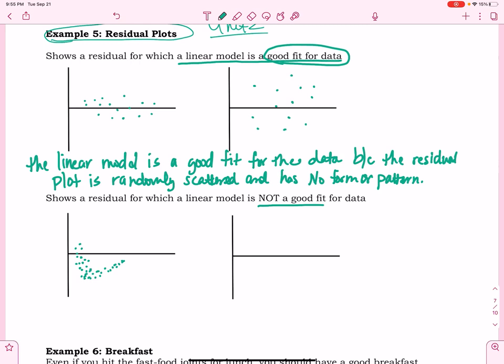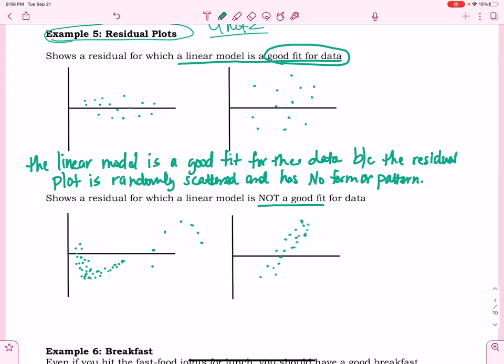And it can be very obviously a curve like that, or it could just be something like this. Okay, anything that shows me a pattern of any kind is not going to work. Okay, so neither of these are good examples. This is also not a good example.